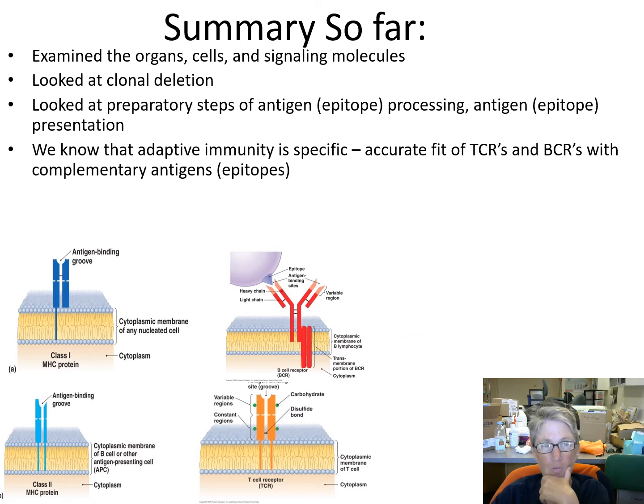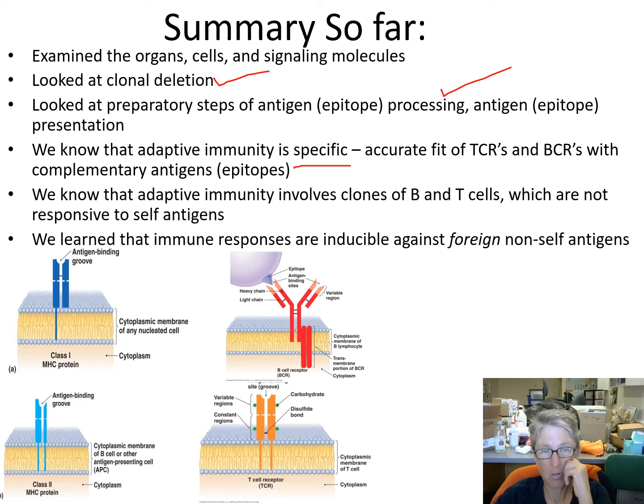So, summary so far, we've looked at all the organs, the cells, signaling molecules. We've looked at clonal deletion. We've looked at antigen processing. We know adaptive immunity is specific. That means the T cells and B cells, with their T cell receptors and B cell receptors, are looking for specific complementary antigens or epitopes.